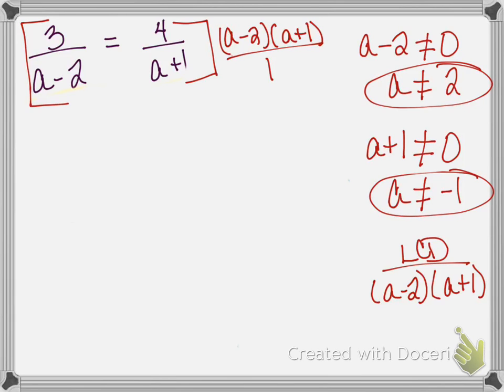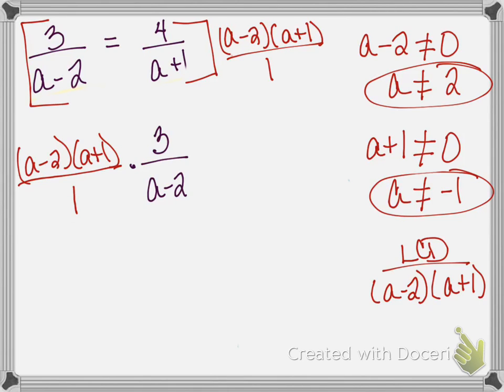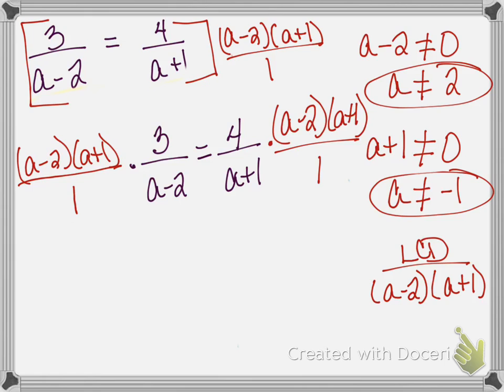over 1. Okay? So I have A minus 2 times A plus 1 over 1 times 3 over A minus 2. And that is equal to 4 over A plus 1 times A minus 2, A plus 1 over 1.